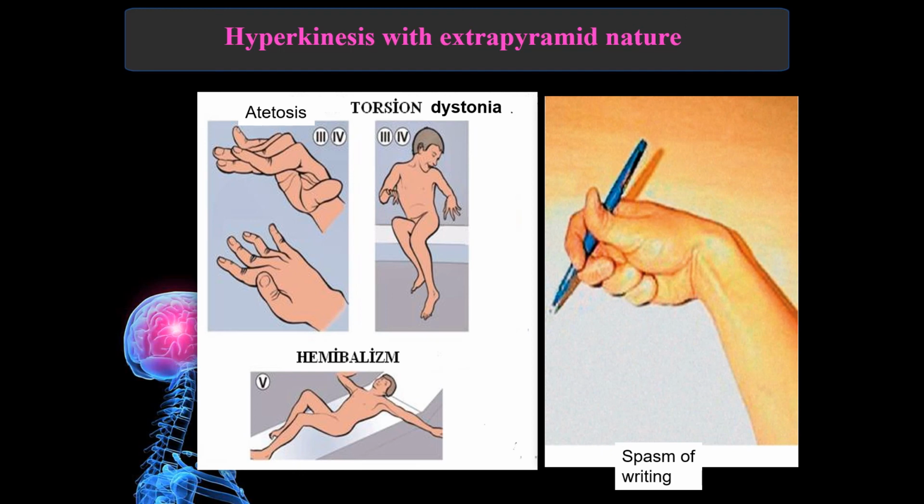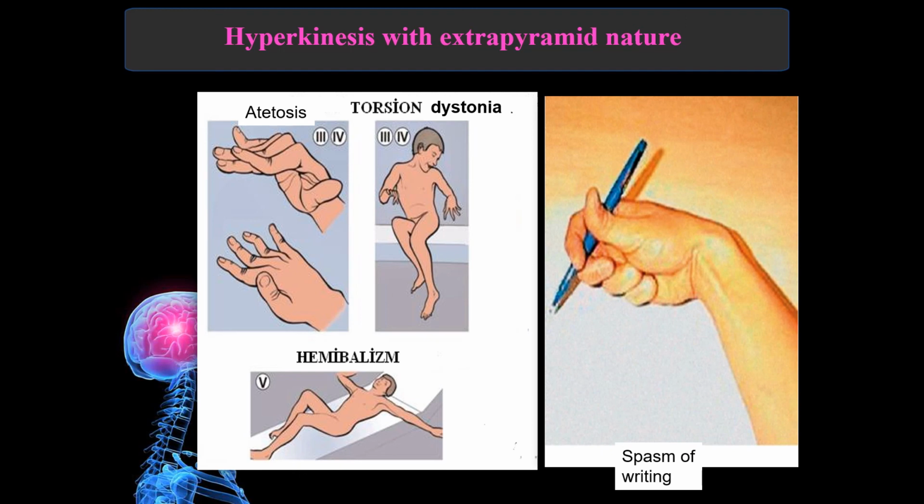And in the occurrence of hyperkinesis, the striatum, the cerebral cortex, optic tubercle, the hypothalamus, cerebellum, and spinal cord are involved. The following types of hyperkinesis of extrapyramidal origin are distinguished.